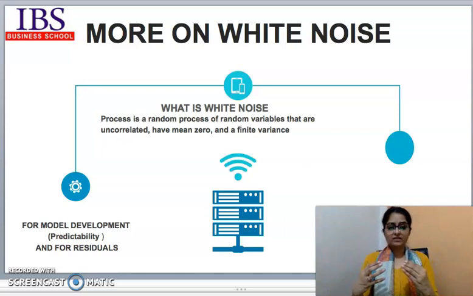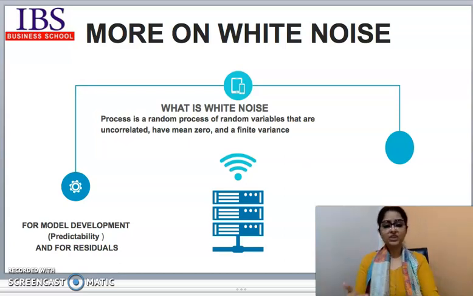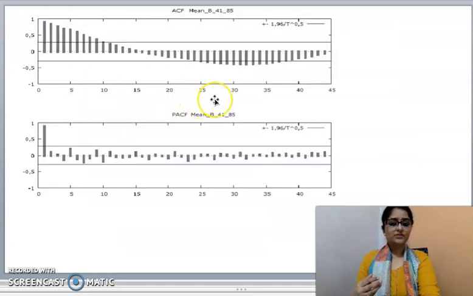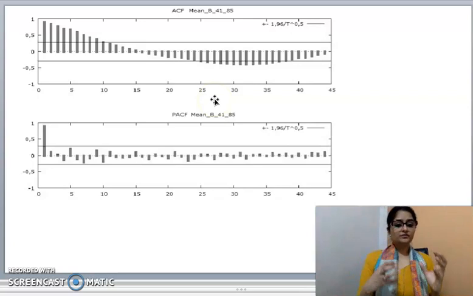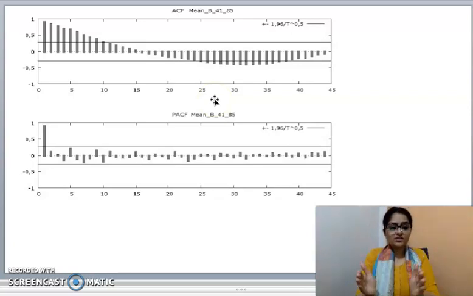Which process is a white noise process? When today's price is not related to the previous price. For that, there is another thing you should know, the autocorrelation function. The autocorrelation function tells you whether your series is autocorrelated or not.